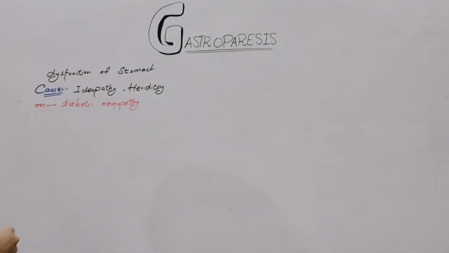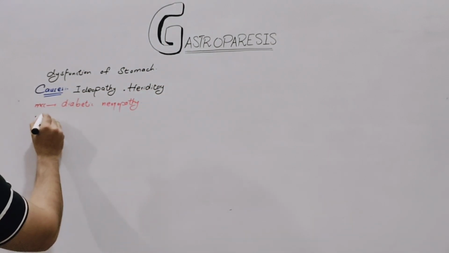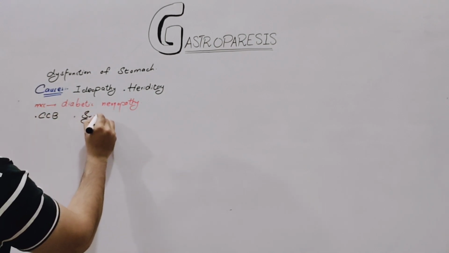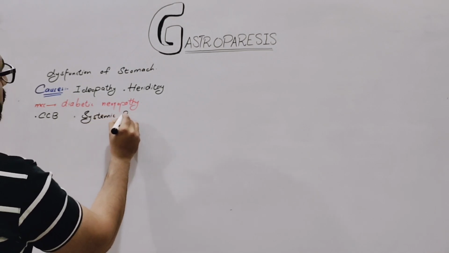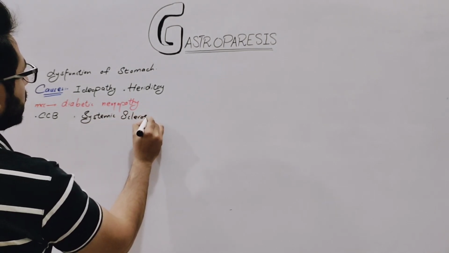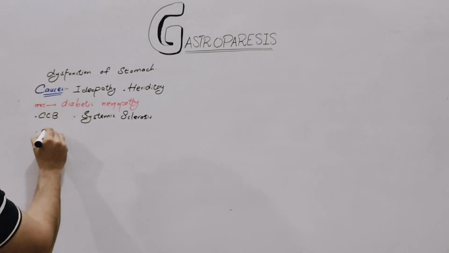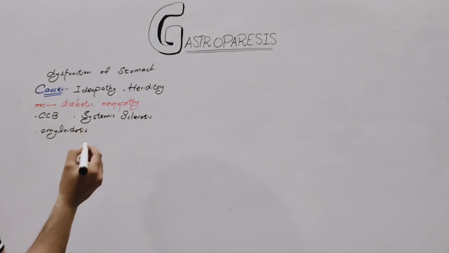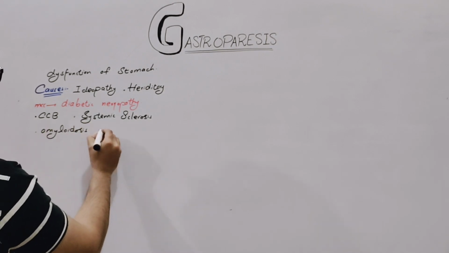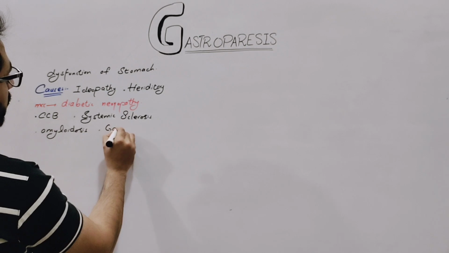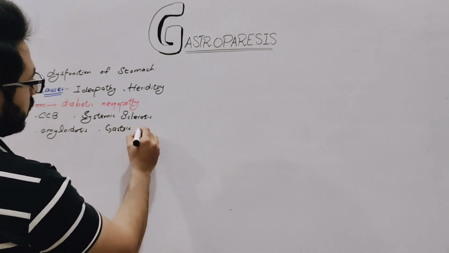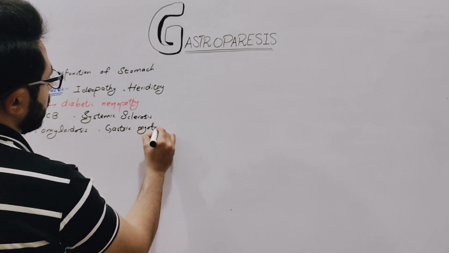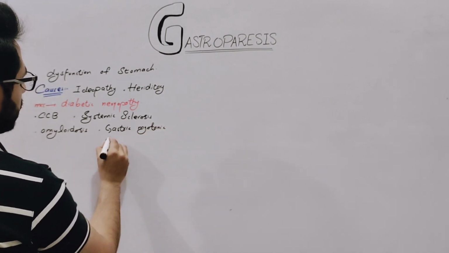There are some other causes, like drugs such as calcium channel blockers, and some diseases like systemic sclerosis and amyloidosis, and there is a muscular dysfunction called gastric myotonic dysfunction.